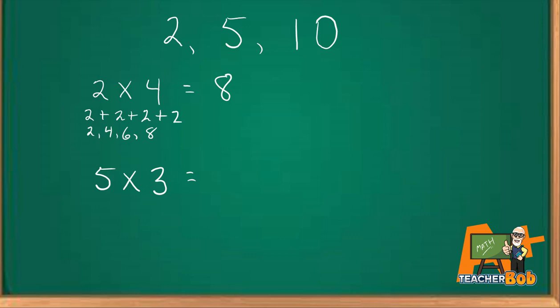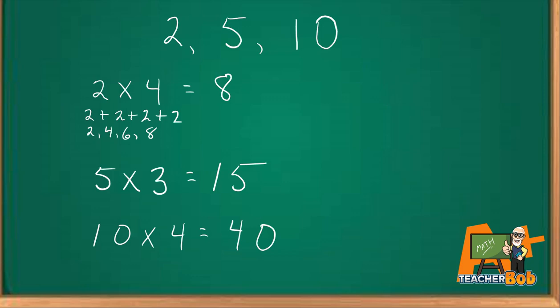They follow easy patterns. 2, 4, 6, 8, 10, 5, 10, 15, which is our answer for the second question, and 10's are easy as well. 10 times 4, we can skip count by 10's 4 times. 10, 20, 30, 40. Our answer is 40. All right, you're doing great.